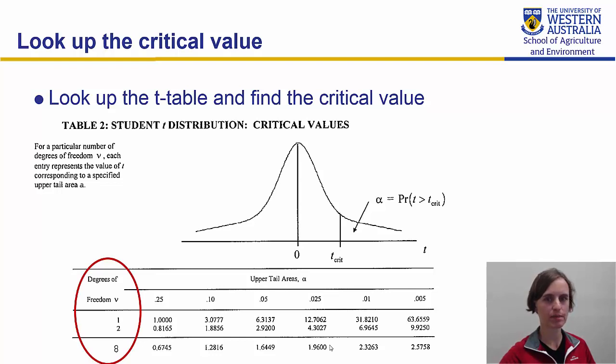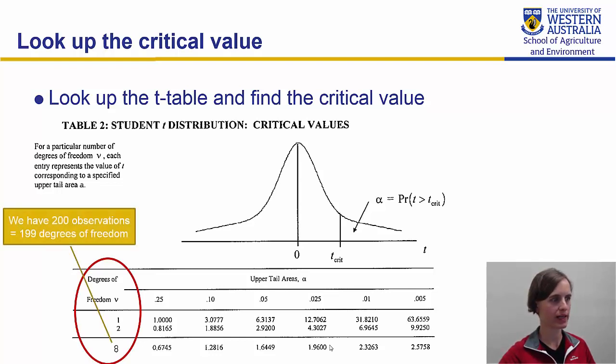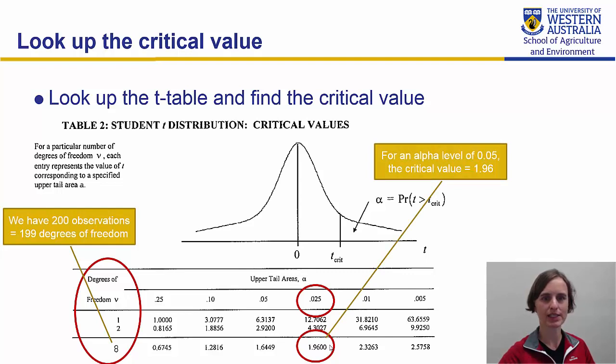So degrees of freedom, we have 200 observations. Lots of degrees of freedom, we can just use that infinity. And then the critical value that our table gives us is 1.96 for a two-sided test. For an alpha level of 0.05, which means 0.025 on one side and 0.025 on the other side, the critical value is 1.96.